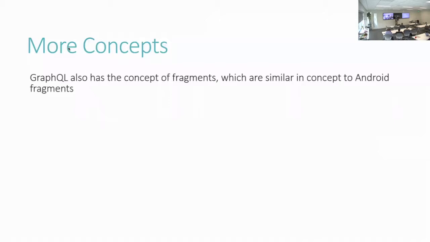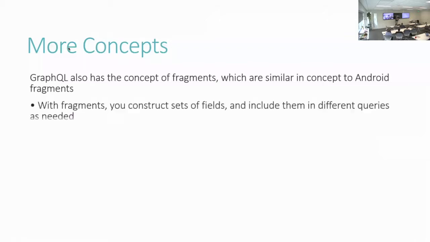And then I just wanted to go over a few more concepts. I'll be showing off a demo GraphQL app, but I want to keep it super simple, so I want to go over a couple core concepts that I won't be going over in the demo. GraphQL also has the concept of fragments, and they're really similar to Android fragments in a way. It's a way to reuse certain bits of queries in other queries.